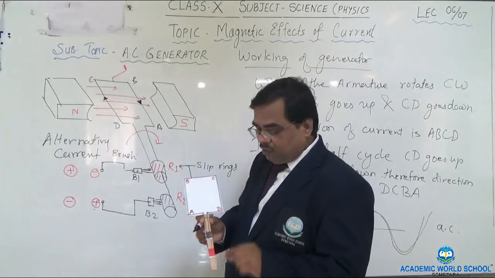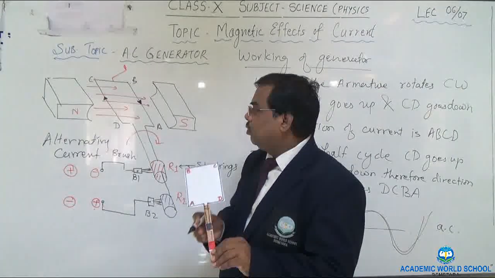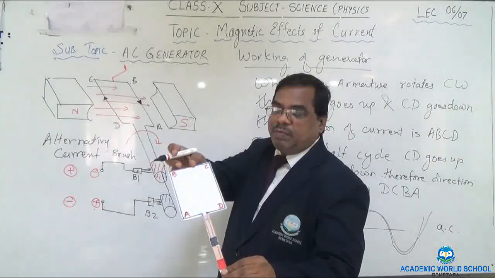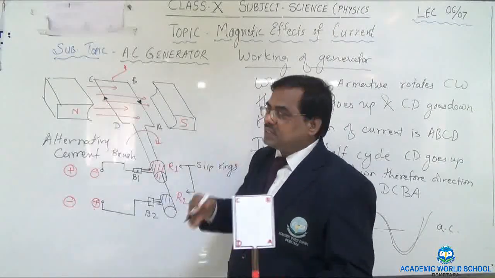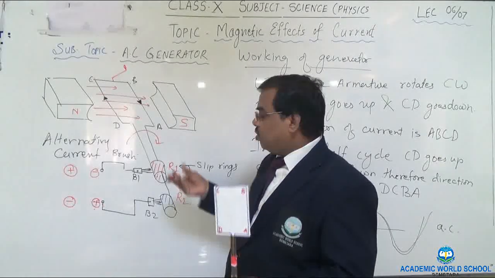In the beginning one becomes positive, the other one becomes negative. When I rotate the armature clockwise, AB goes up, CD goes down. So it rotates, and in that rotation, these two rings are also moving.